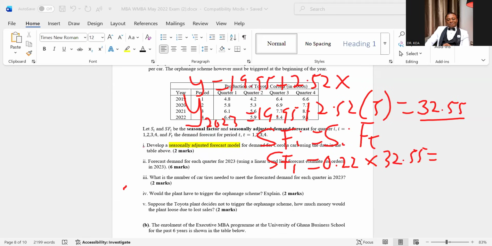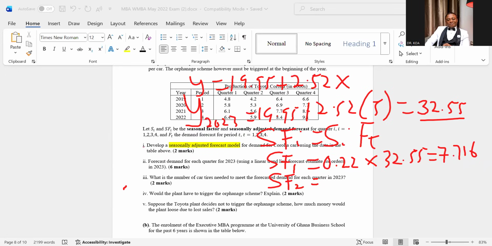You solve for the seasonally adjusted forecast for the first quarter. What do you get? 7.161. And then you do the same thing for the second one. As I'm talking to you, I'm also calculating.